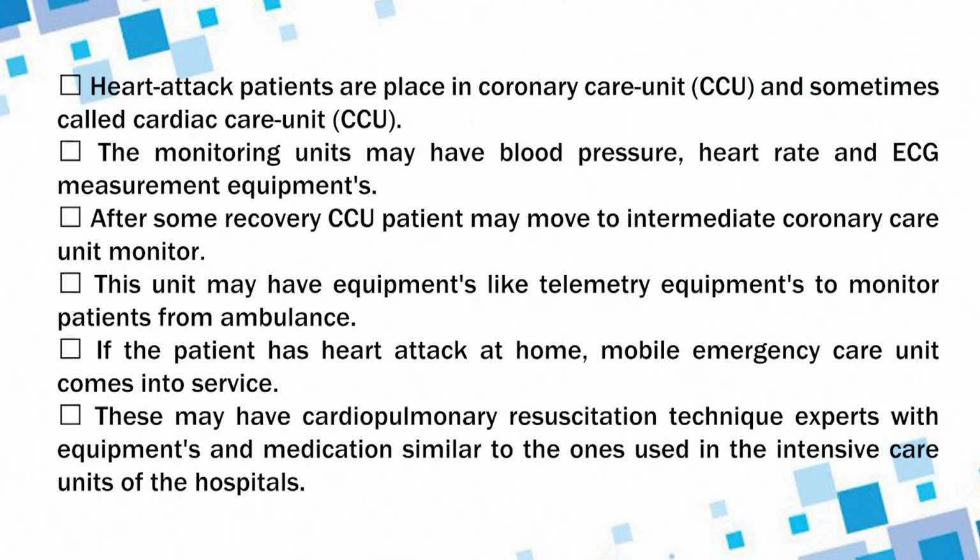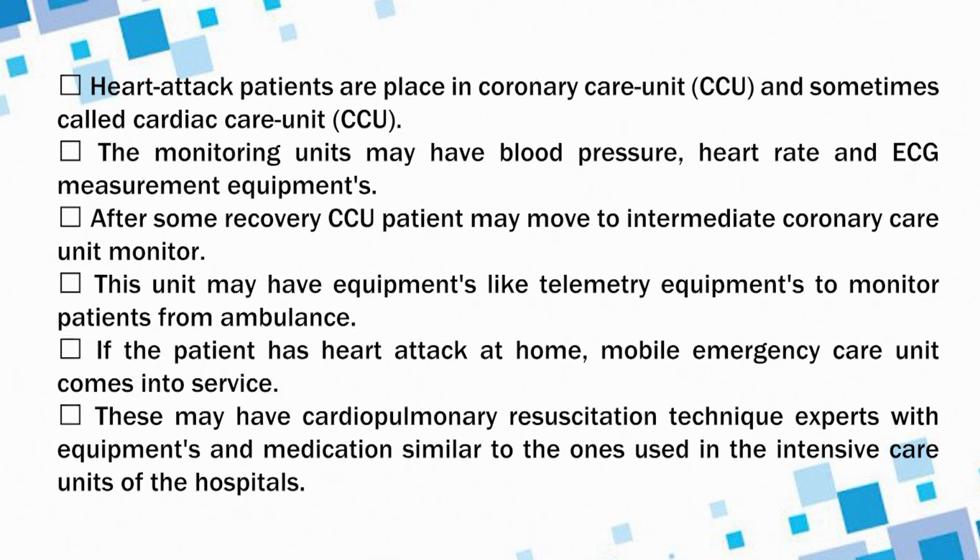Heart attack patients are placed in coronary care unit and sometimes called cardiac care unit. The monitoring units may have blood pressure, heart rate and ECG measurement equipments. After some recovery, CCU patient may move to intermediate coronary care unit.